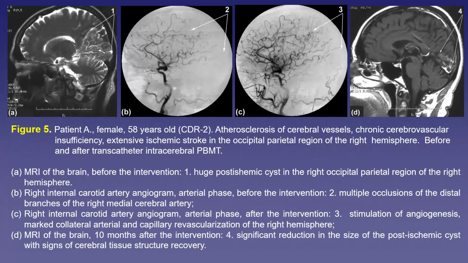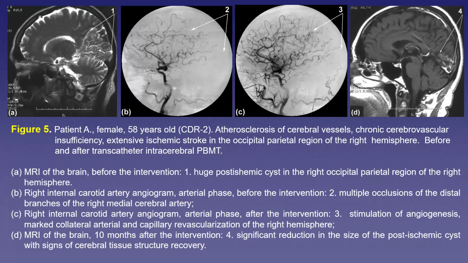In this slide, you see results for a female patient, 58 years old, with atherosclerosis of cerebral vessels, chronic cerebrovascular insufficiency, and extensive ischemic stroke in the occipital parietal region of the right hemisphere. It shows before and after the intervention with PBMT.